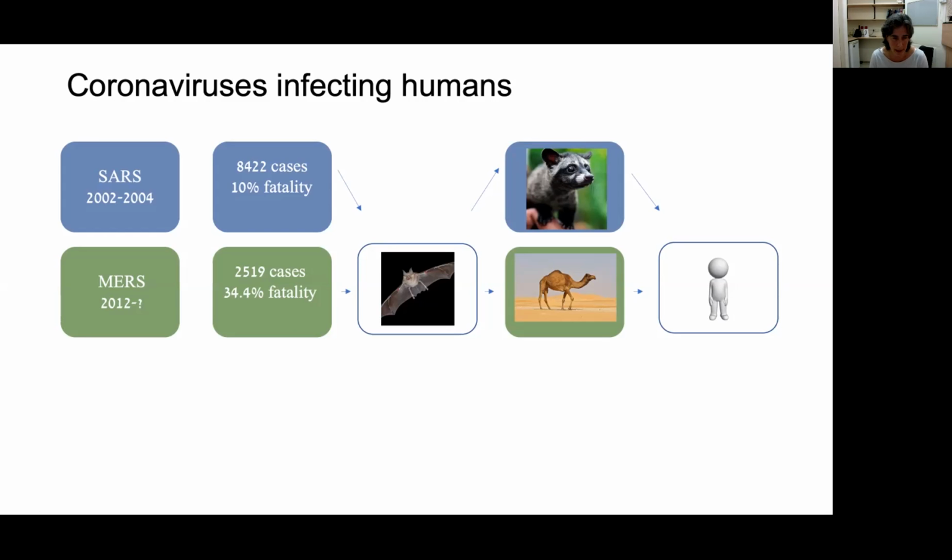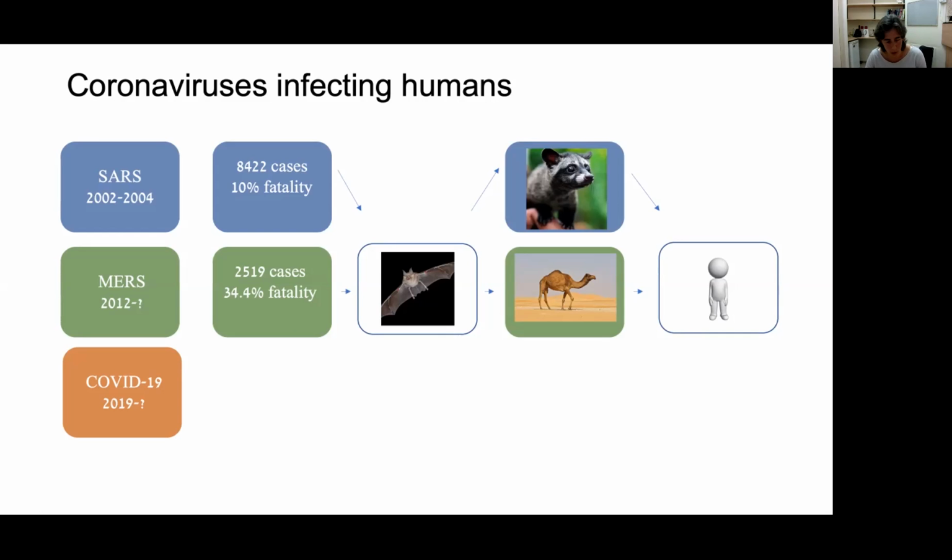It hasn't gained the ability, and we'll talk about how this happened in a minute, to infect humans very efficiently. It's thought that each of the cases that we see is a new introduction from the animals to humans. And as I said before, it's pretty fatal.